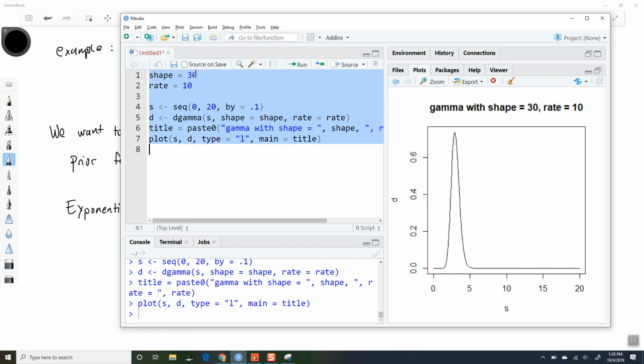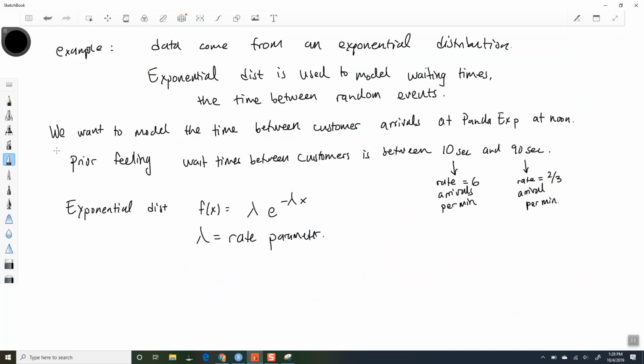But we're just using our prior experience and what we're thinking: how many customers do we think arrive every minute at the Panda Express line? We think something between 2/3 of a customer and 6 customers arrive every single minute. Actually, here, let's think of what a good estimate would be. How long does it take to get through the Panda Express line? Like once you stand in line, how long until you check out?